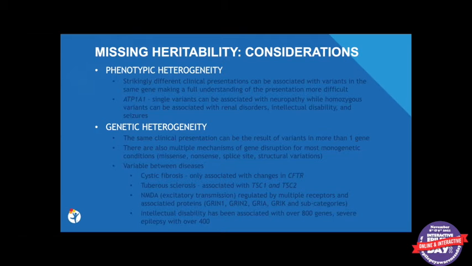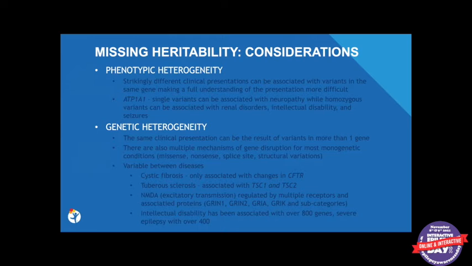But if you have two non-working copies of that gene, it can be associated with kidney disorders, intellectual disability, and seizures. Wow, what a big difference in the clinical presentation of those two things. And so why would we even think to look for a change in this gene in someone who has epilepsy if it's mostly involved in kidney disorders? That kind of disparity has made gene discovery and gene understanding a little bit more challenging.